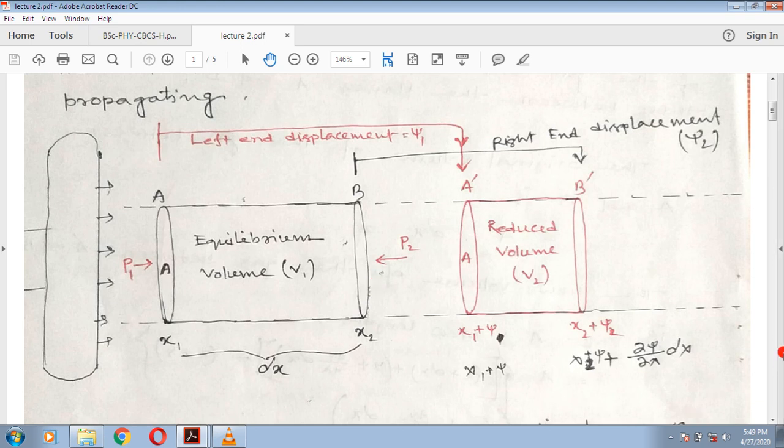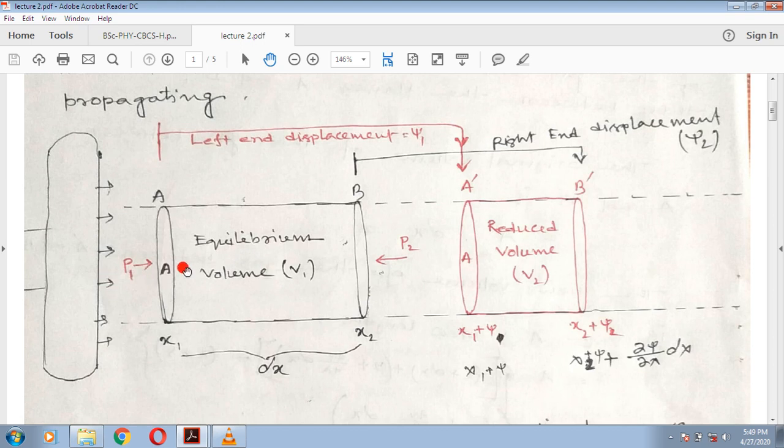To do so, firstly let us consider this segment with volume V1 where the gas is present at pressure P naught at equilibrium.